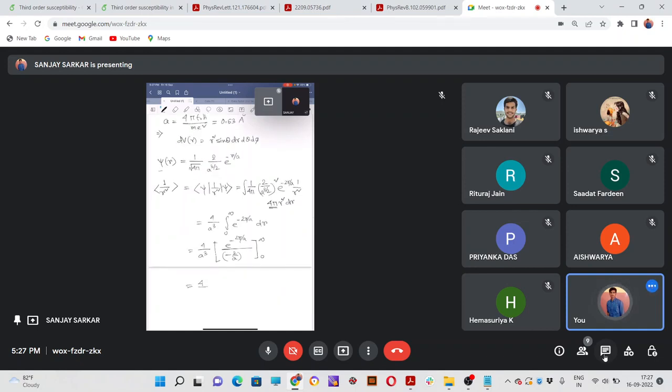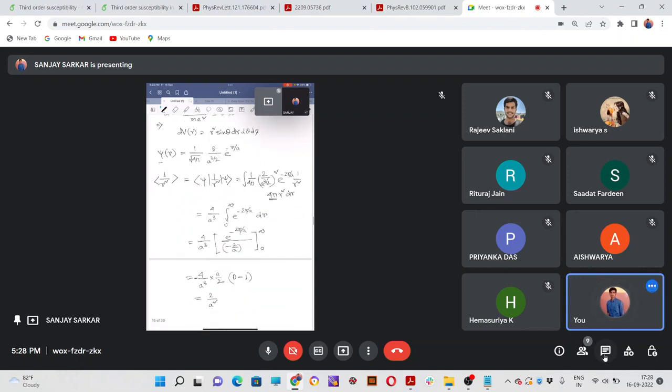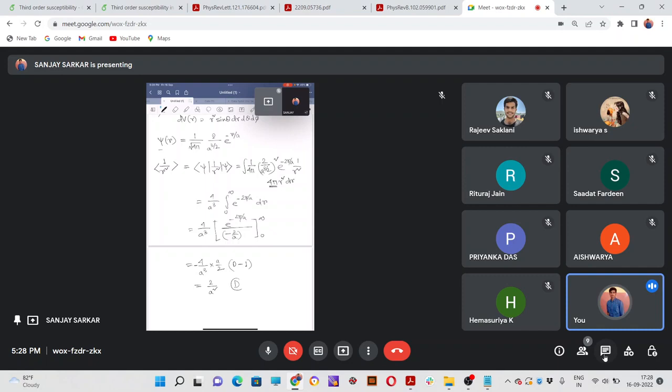So 4 by a cube, this minus sign will come out, and a by 2, and if we put the limit, then this is 0 minus 1, so we get 2 by a square. That is option D. So option D is correct.